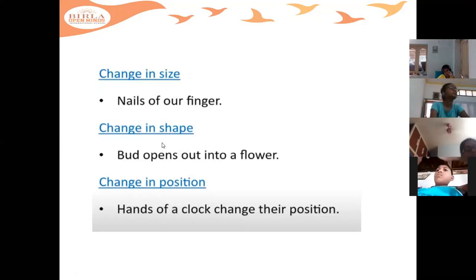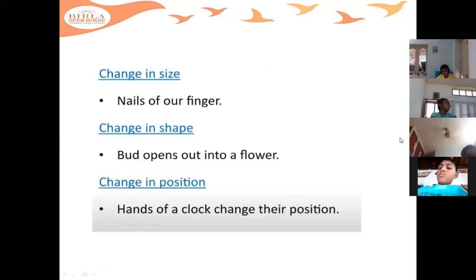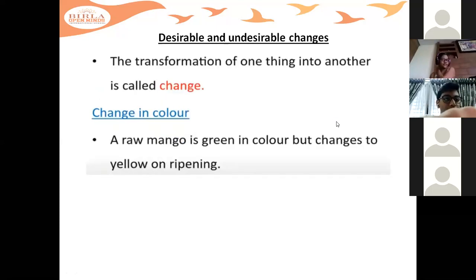Can you just raise your hand, those who can give me a few examples for these desirable and undesirable changes? Can anyone give me two more examples of desirable change? Yeah, Manovna? Ma'am, can you keep that desirable and undesirable slide? Last one I have.